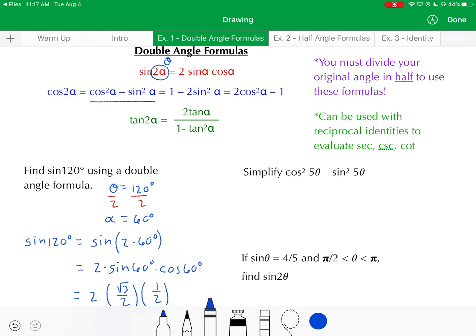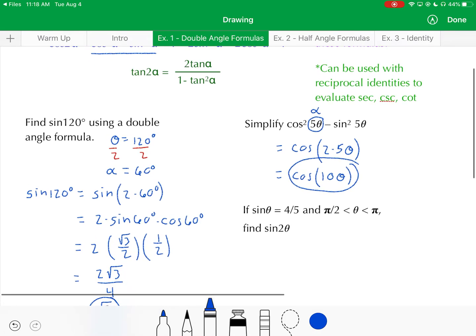I can think of 5 theta here as alpha for this particular formula, okay? So that means this is equivalent to cosine of 2 times 5 theta, or cosine of simply 10 theta. All right, so that's all we're wanting to recognize there.